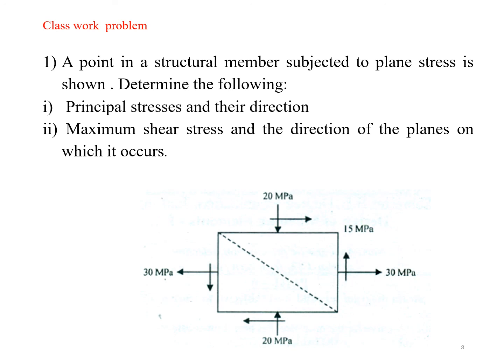You have to solve this problem like the previous problem: find out the principal stresses sigma 1 and sigma 2 and their directions phi 1 and phi 2. Similarly, maximum shear stress tau max from the equation and their directions phi s1 and phi s2 from the known equation.